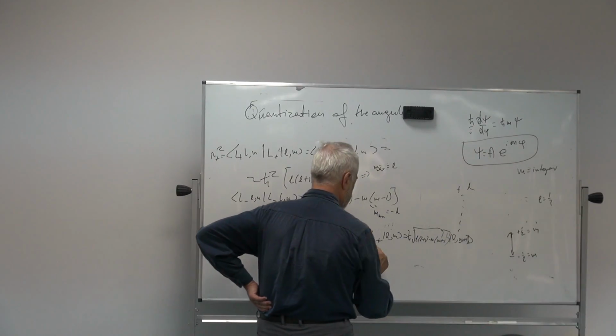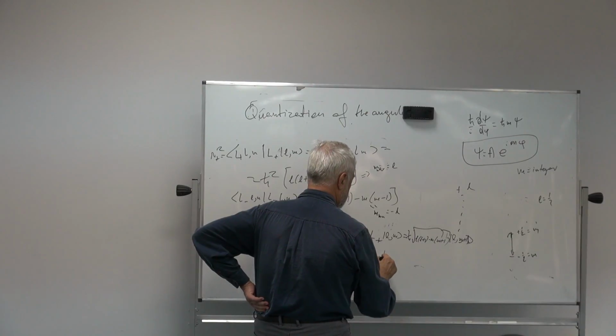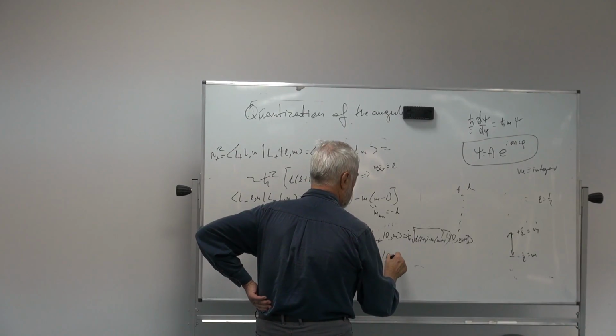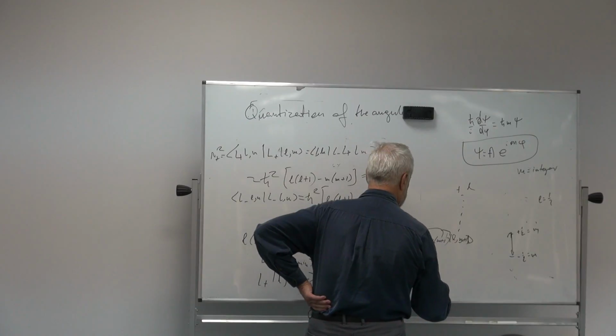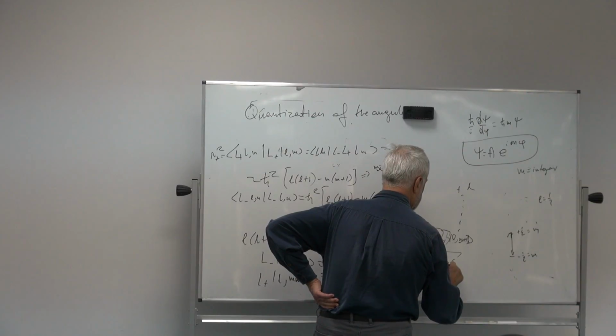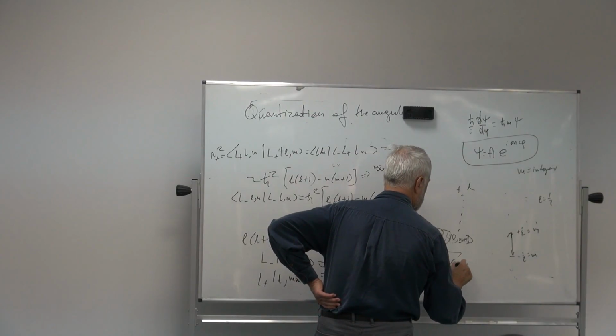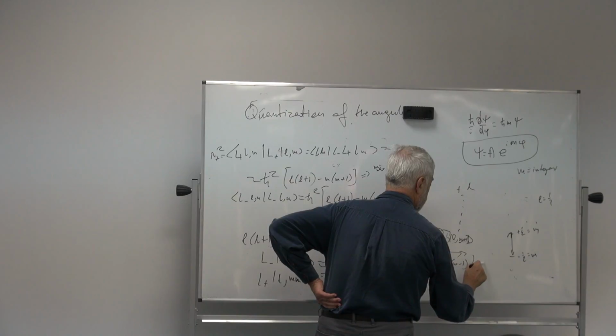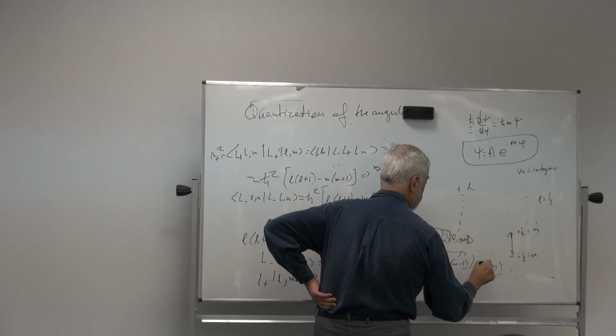It's a general formula. And L minus acting on |L,m> is h bar times the square root of L times (L plus 1) minus m times (m minus 1), acting on |L,m minus 1>.